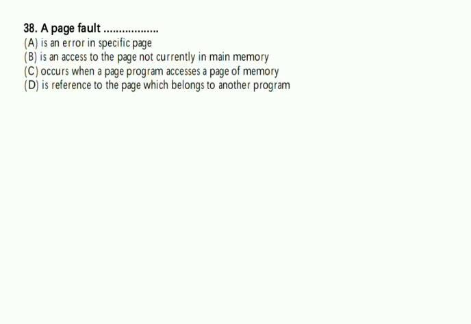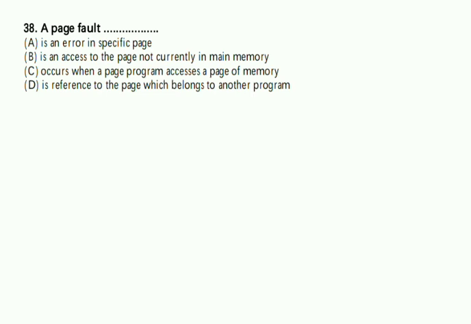A page fault. So what is meant by a page fault? A page fault is a type of interrupt, called a trap, raised by computer hardware when a running program accesses a memory page that is mapped into the virtual address space but not actually loaded into the main memory. It is an access to a page not currently in the main memory.